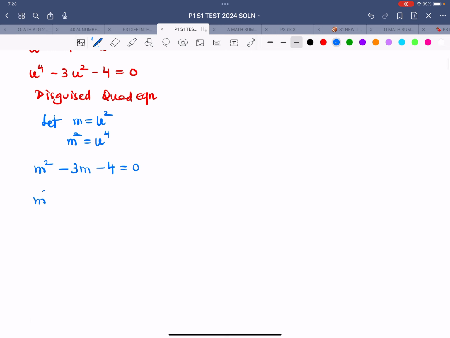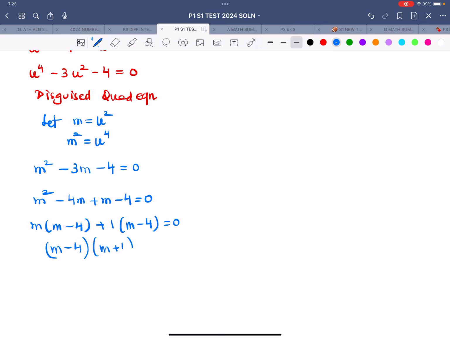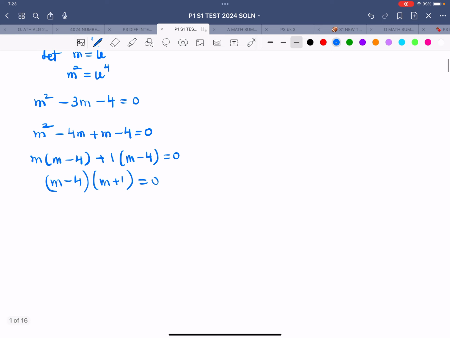That is m squared minus 4m plus m minus 4 equals 0. m minus 4 plus 1 (m minus 4) equals 0. (m minus 4)(m plus 1) equals 0, therefore m equals 4, therefore m equals negative 1.